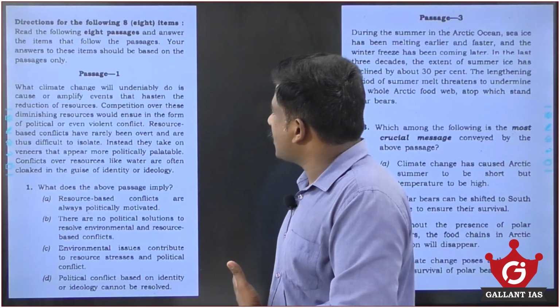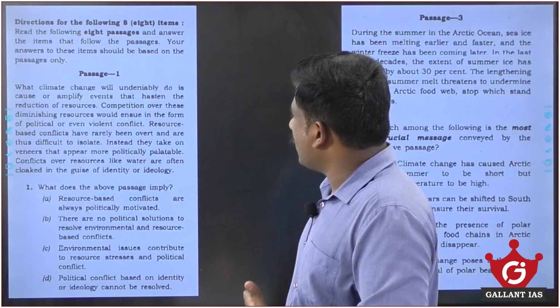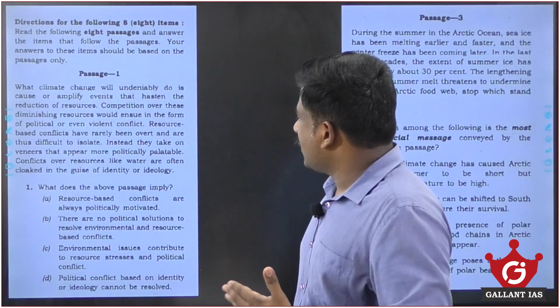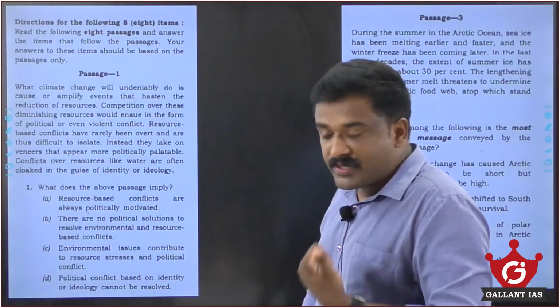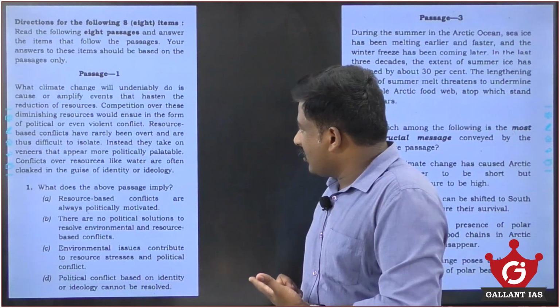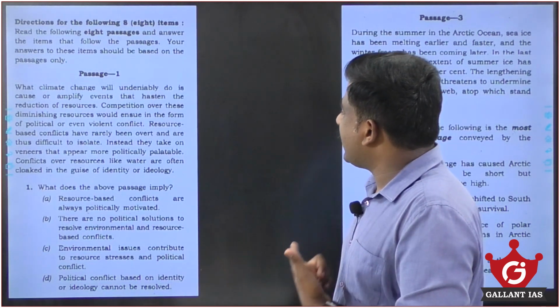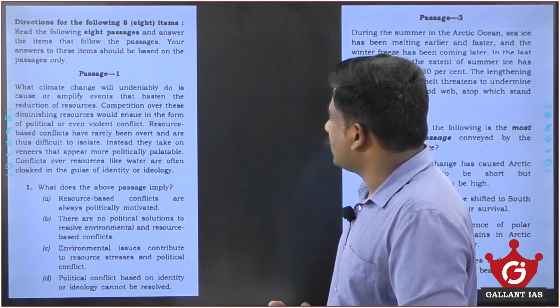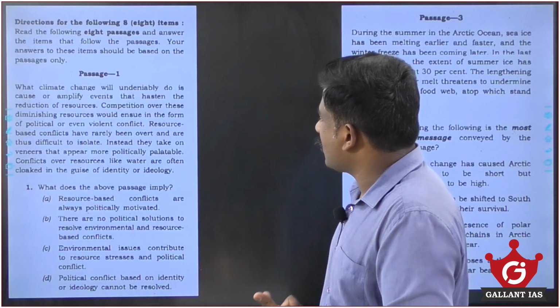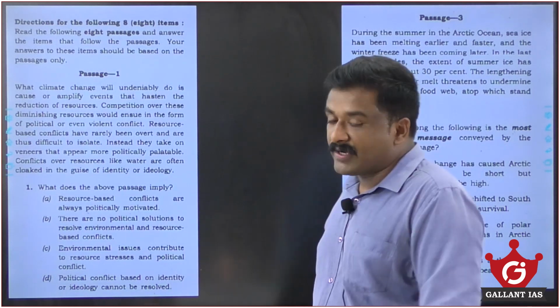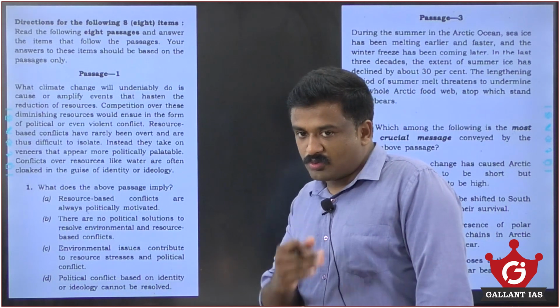Competition over these diminishing resources would ensue in the form of political or even violent conflict. Resource-based conflicts have rarely been overt and are thus difficult to isolate. Instead, they take on venues that appear more politically palatable. Conflicts over resources like water are often cloaked in the guise of identity or ideology. I hope you understood the passage.